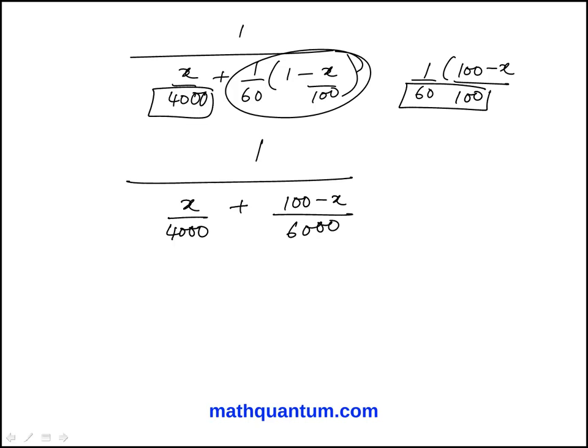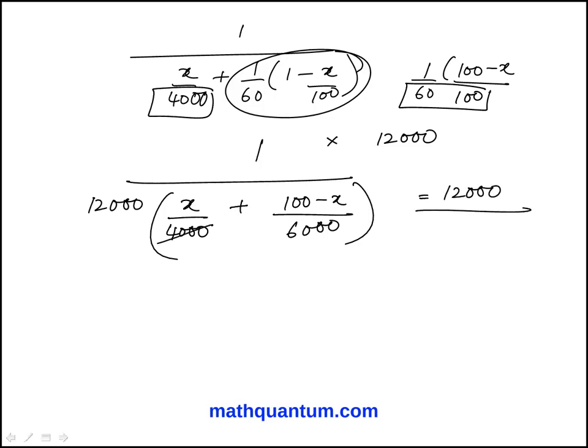And I can multiply top and bottom by, let's see, what would be a good number? So 12,000, because I really want to get rid of those denominators. So I'll get 12,000, and then here this would be 3, so I get 3x.